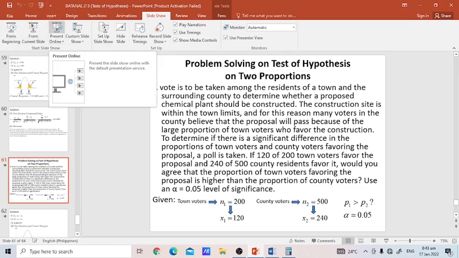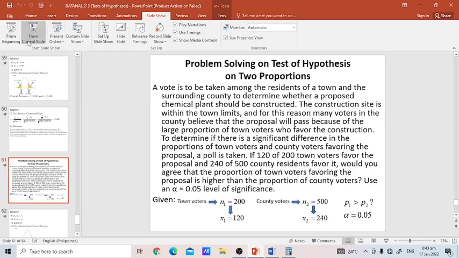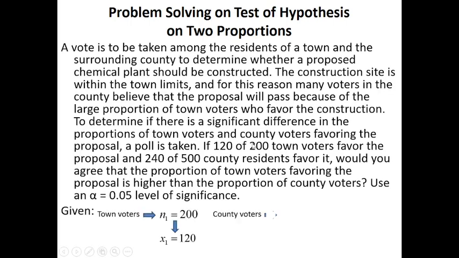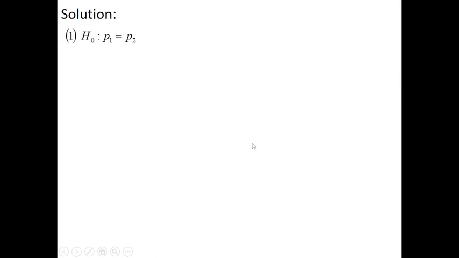So, we now proceed. Solution. This will be our null hypothesis: the proportion of town voters is equal to the proportion of county voters.